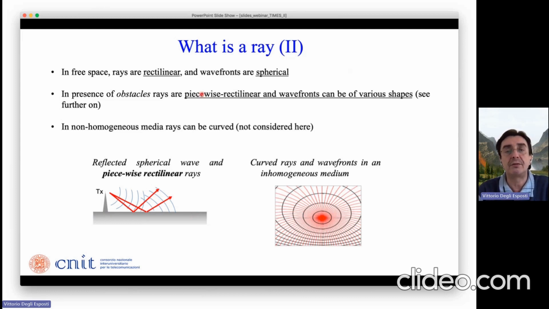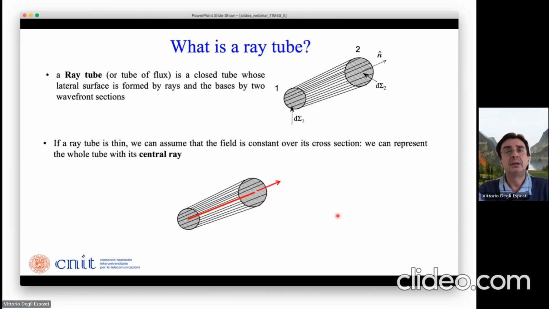And therefore, in presence of obstacles, they are piecewise rectilinear, and wavefronts can be of various shapes, as we will see later. In non-homogeneous media, rays can have a curved shape, but we will not address this phenomenon in this webinar.